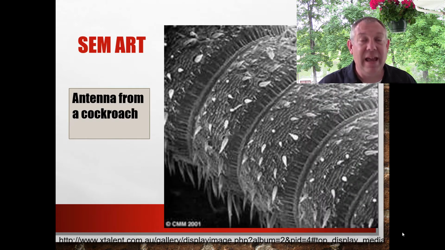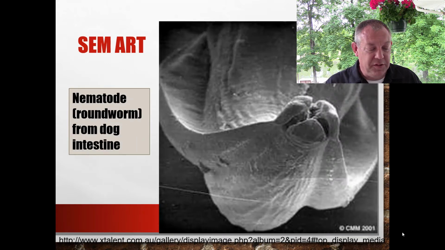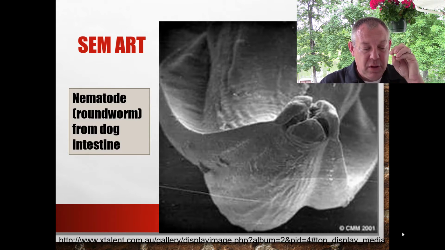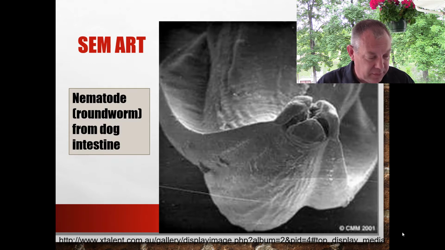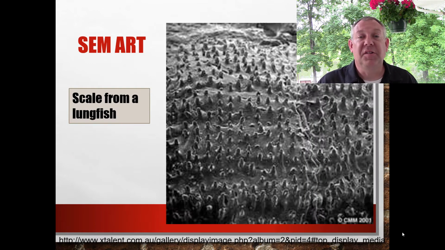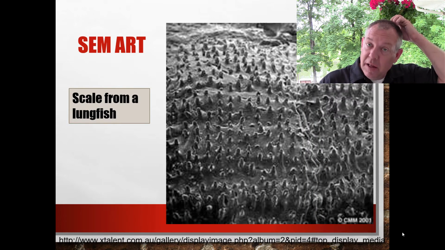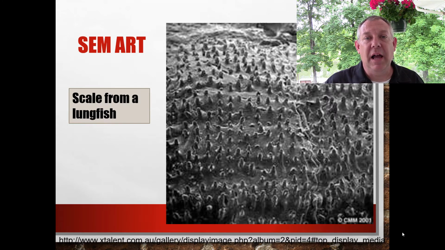Here's the antenna from a cockroach, right? Look at the detail you can see. That's so cool. This is a close-up of a nematode. This is an organism we're going to talk about in lab, a roundworm. And you can see the details of the mouth that it uses to attach itself to the intestines and anchor itself. This is a scale from a lungfish. Something we talk about in my ichthyology class is that you've got these little microscopic bumps.